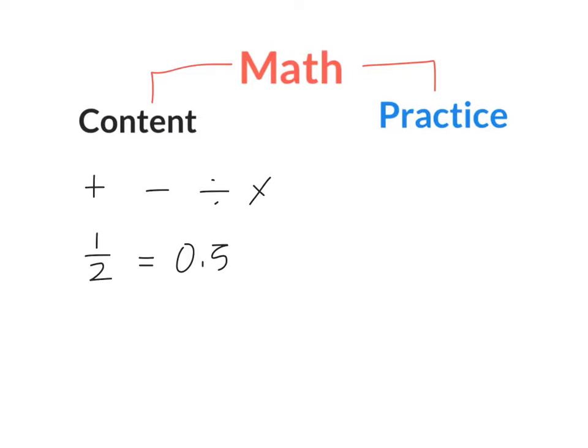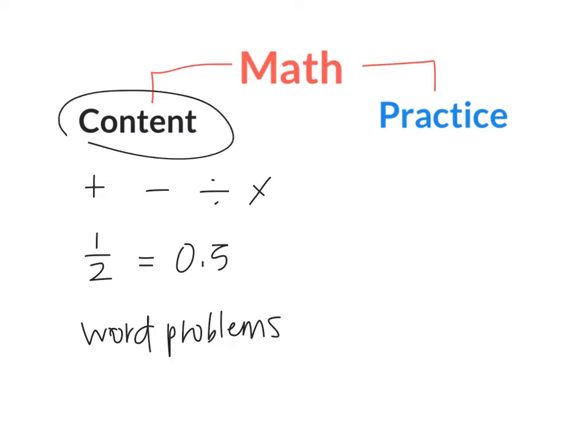It's geometry and algebra and solving math puzzles and answering math questions, word problems. That's all stuff you learn how to do in math. Yes? Do you agree? That's what we call the math content. That's learning what to do in math. We can think of content like the what you learn how to do.